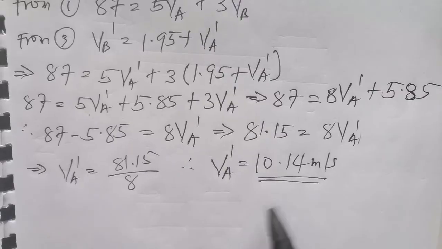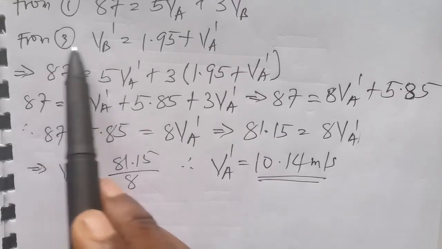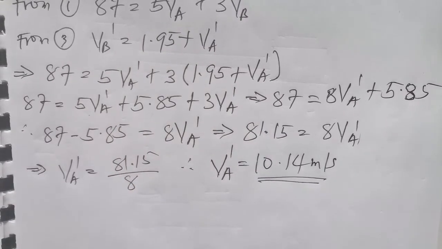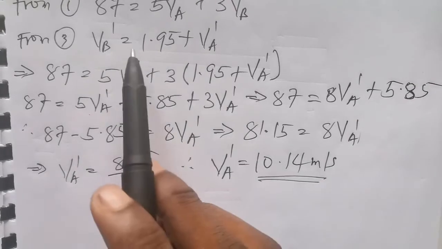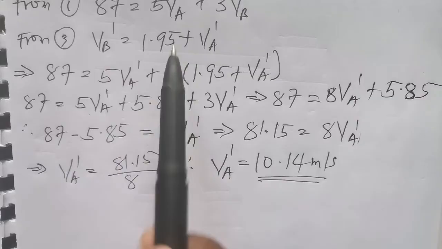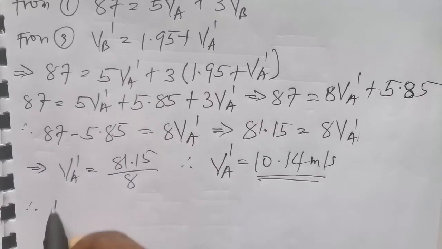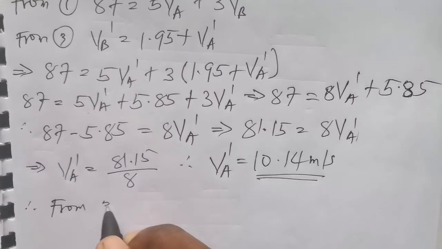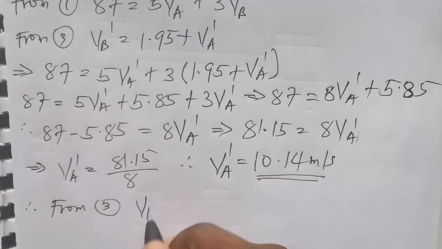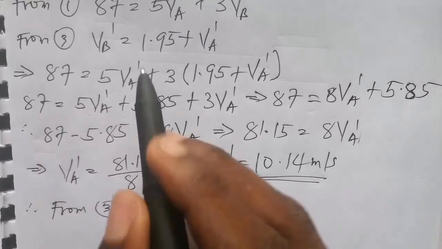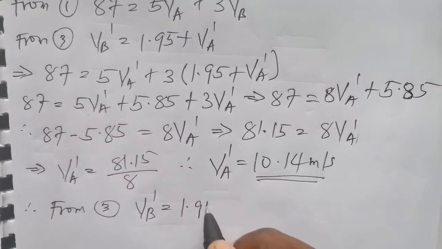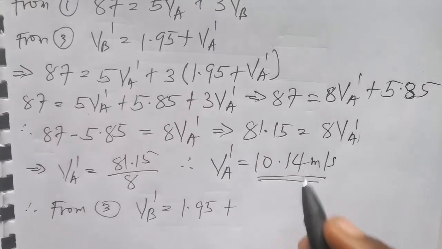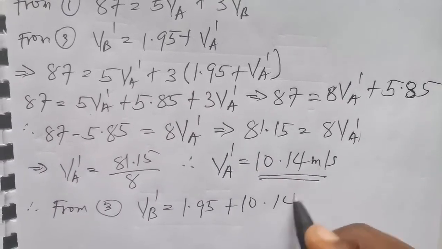So if you plug this value into equation 3, you can find the final velocity of block B after collision has taken place. Not forgetting this is our equation 3. Therefore, from 3, we can find VB prime to be equal to 1.95 plus VA prime, which is 10.14.